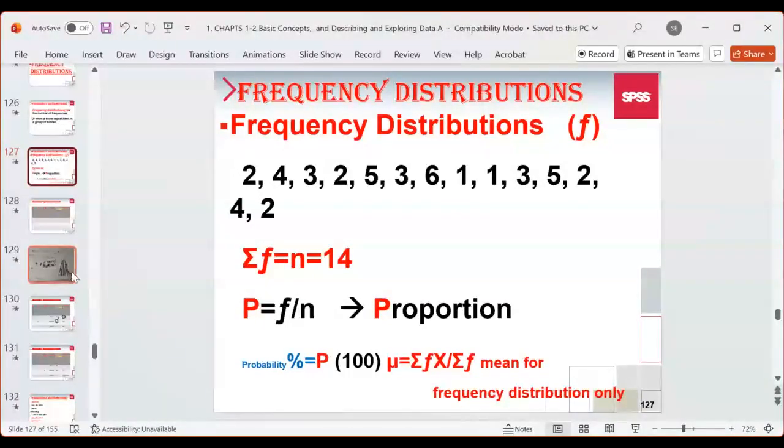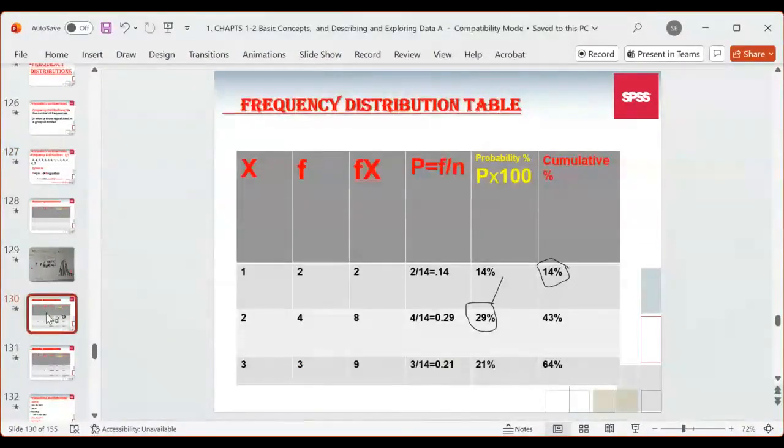And over here, back to that table, stick with 2, x is 2. Once you calculate your proportion, in order to convert it to probability or percentage, multiply it by 100.